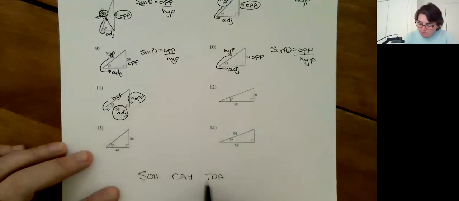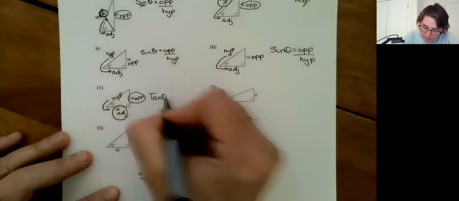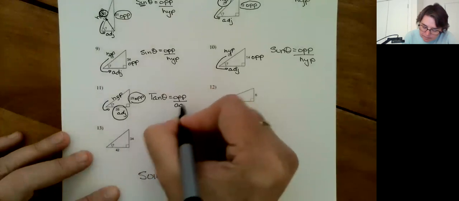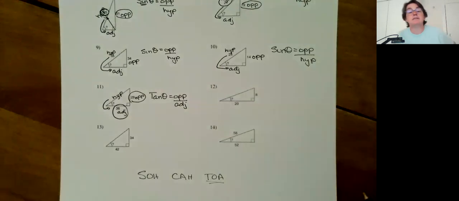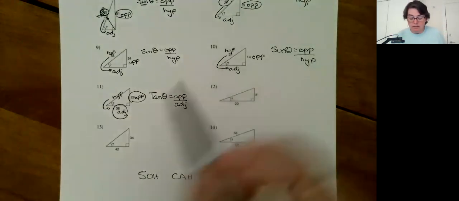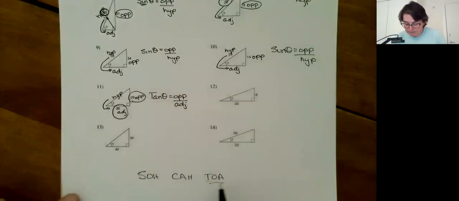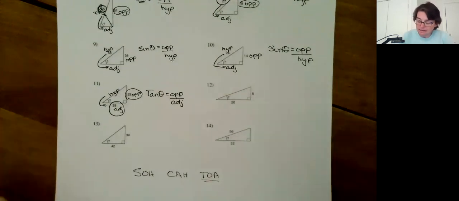Adjacent and opposite, boom, that's tangent. So tan theta is opposite over adjacent. Again, what I want you to know is which one you can use, based on the information you're given, with opposite and adjacent, right? Opposite and adjacent must be tangent. There you go. That's it.